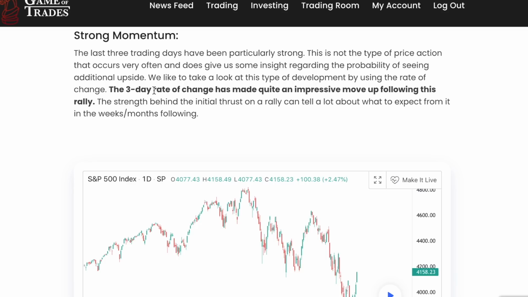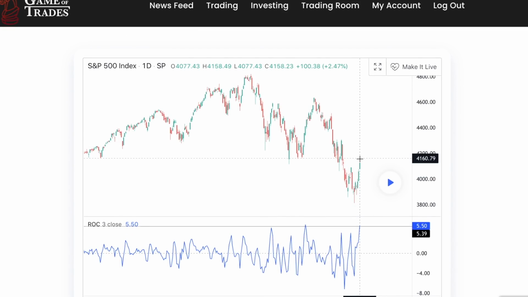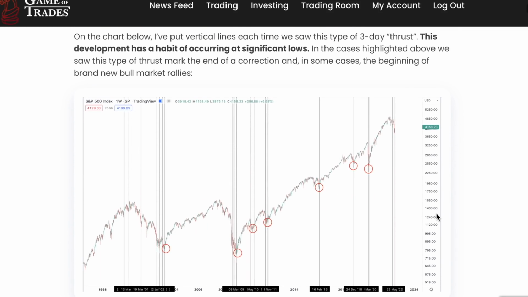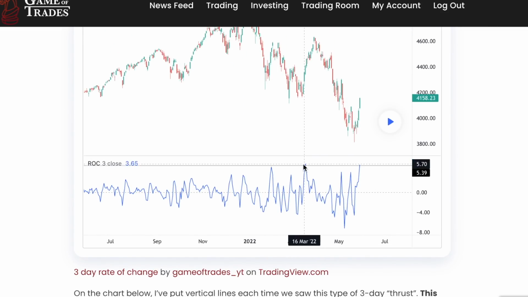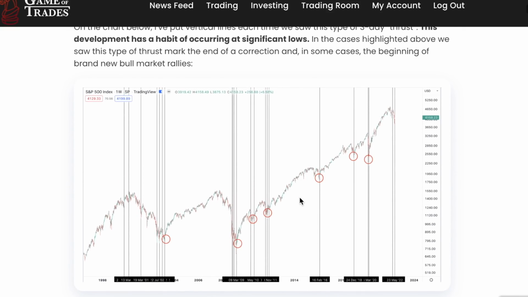Now the rate of change is just the momentum of the market. So it compares where price is now compared to 3 days ago, and it gives you a reading. So you can see we've had a nice thrust up, and what we identified, and in fact we're talking about the same thing back here in March 2022, but if we come down to this next chart that we highlight, is that these occur near significant bottoms, right?